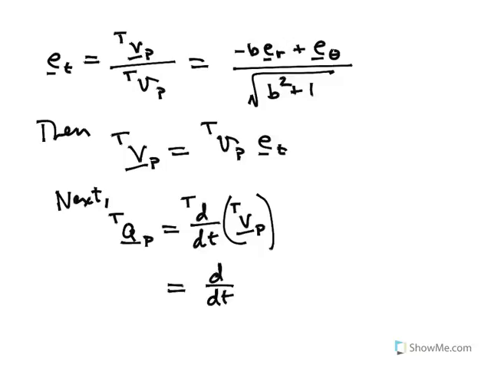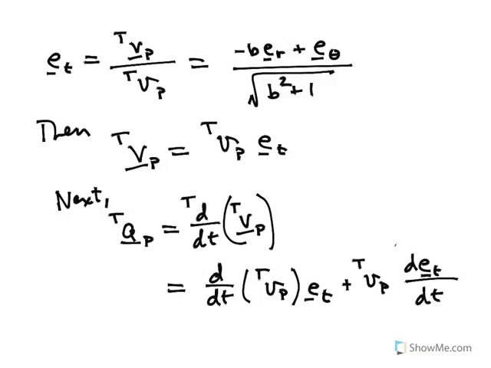This is equal to d/dt of Vp in t times Et plus Vp in t times the rate of change of Et in t. So now we actually need to compute this rate of change of the tangent vector.